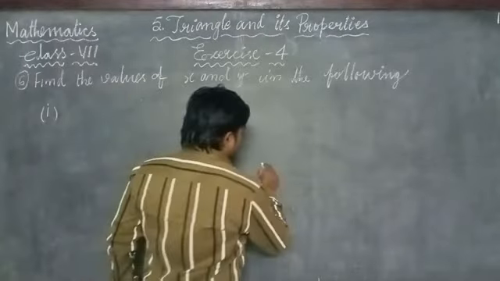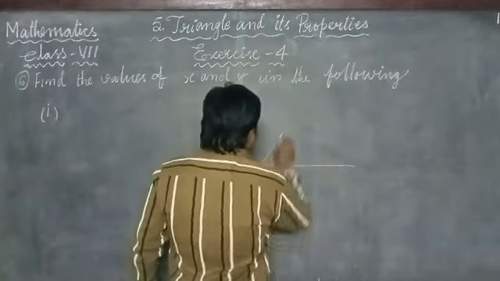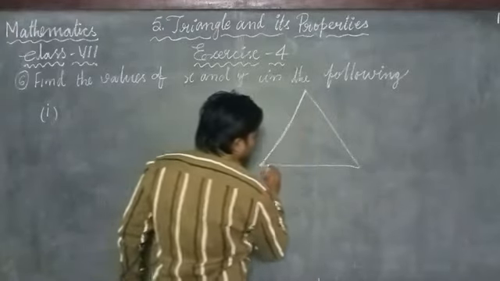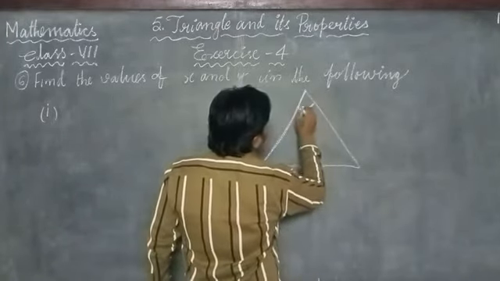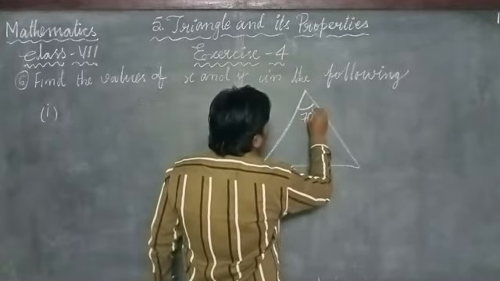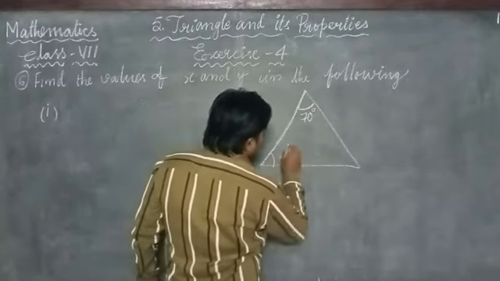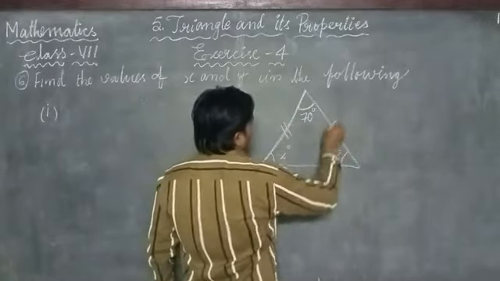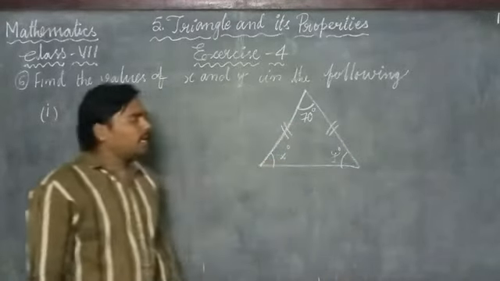The figure is this triangle they have given. Here they have given 70 degrees, and here x degrees, and this is also y degrees, and this is an isosceles triangle.